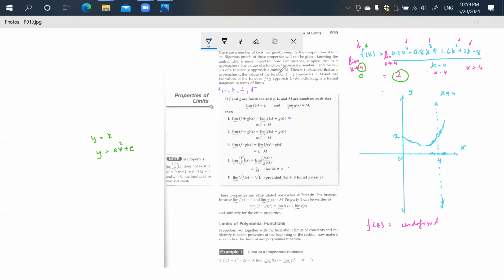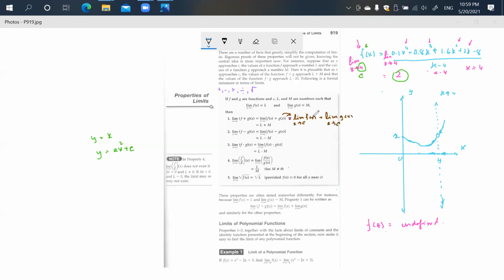And actually this one, you can write it as a limit. This one is the same as this one: limit of f of x when x approaches c plus limit of g of x when x approaches c.